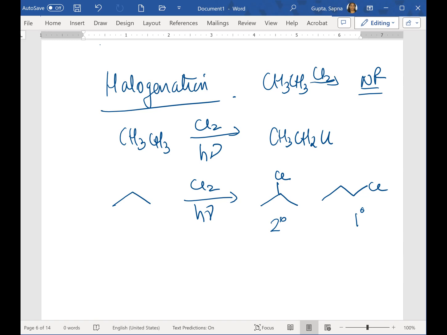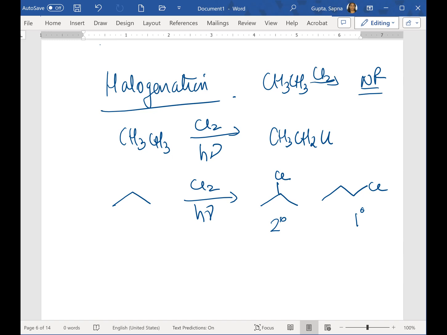Your job is not going to be to worry about whether you're going to get multiple substitutions. That's not your job right now. Your job is just to use this in a synthesis step. Will you get two chlorines on any of the propanes? Sure. But if I ask you to write me all the mono-substituted products, then this is what you're going to get.